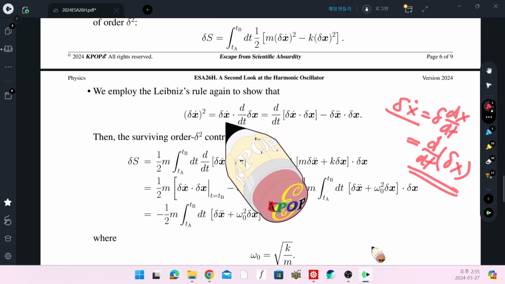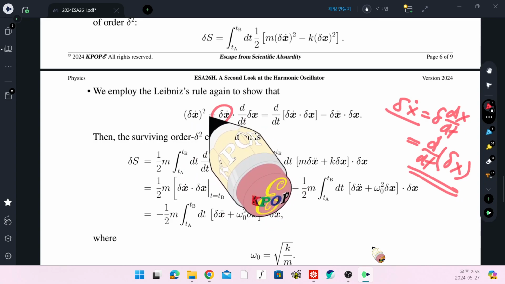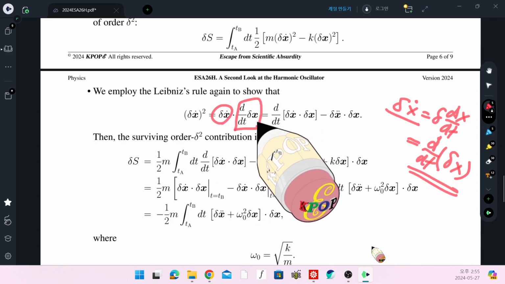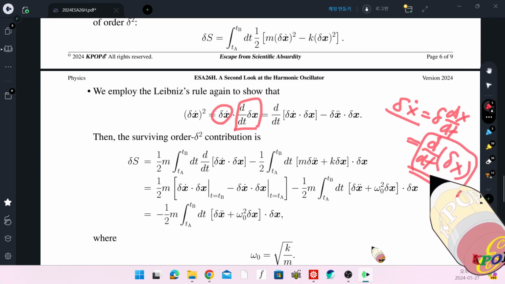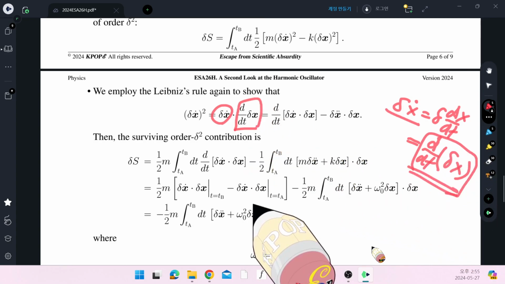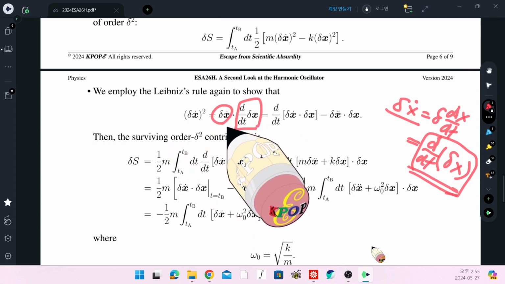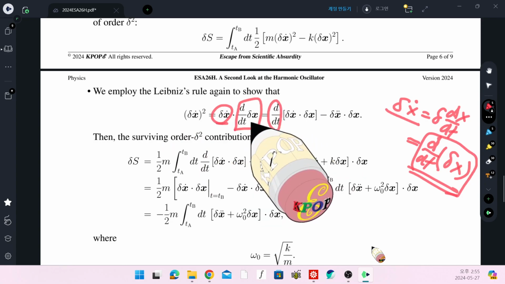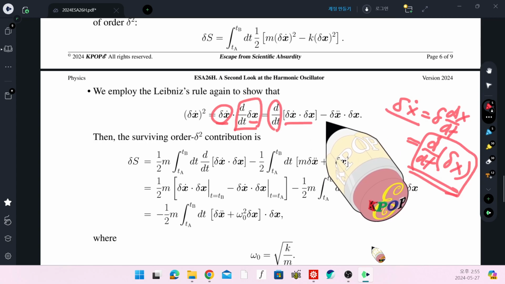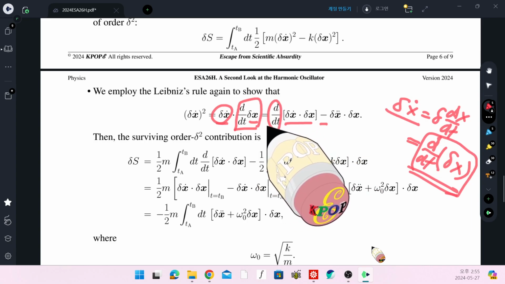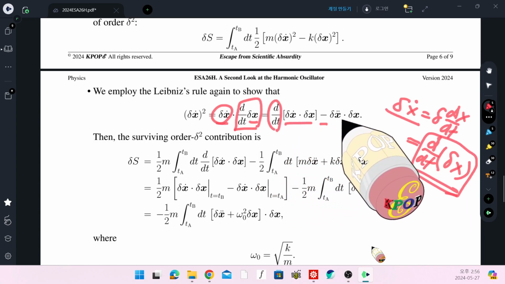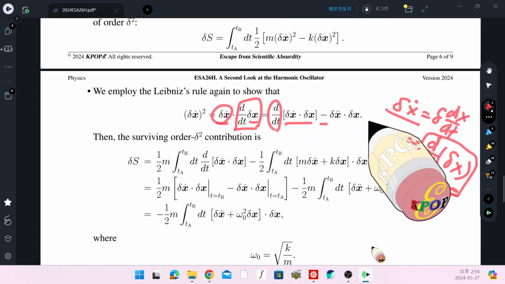Therefore, I keep one delta x dot as a single delta x, and I rewrite the other delta x dot by this time derivative of delta x. Then, again, the Leibniz rule can be used to find the derivative of this product, and subtract the additional term. That unnecessary term is the total time derivative of delta x dot delta x.